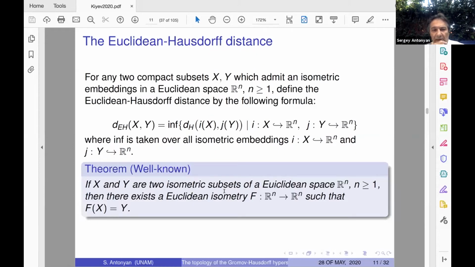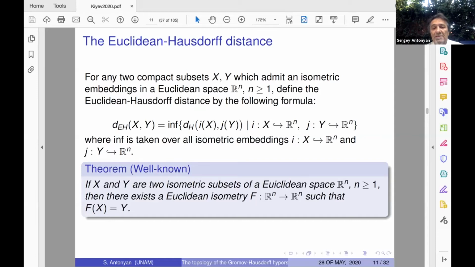Okay, let me recall. We saw above some notions of homogeneity, ultra-homogeneity, and so on, but it turns out the most homogeneous space in the world is the Euclidean space in the following sense.